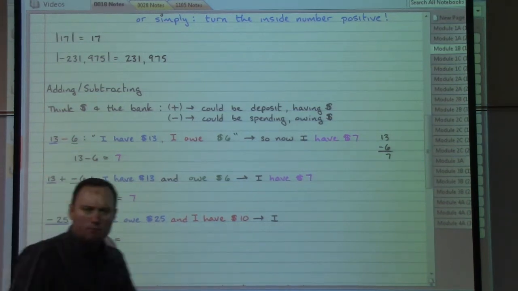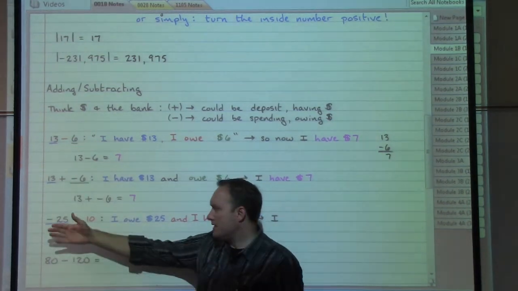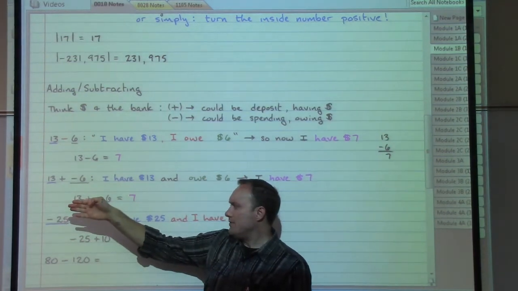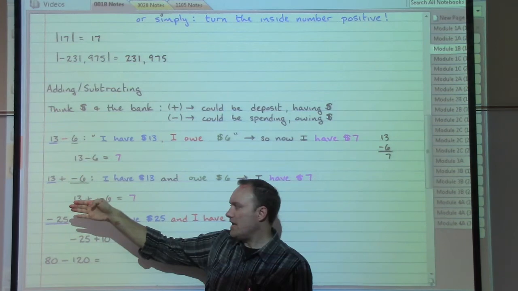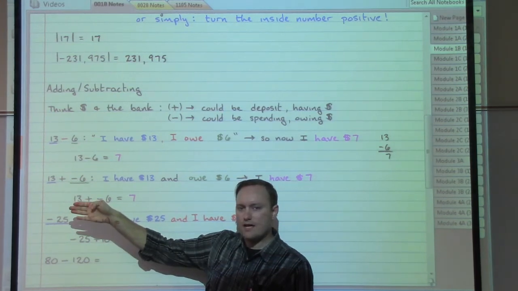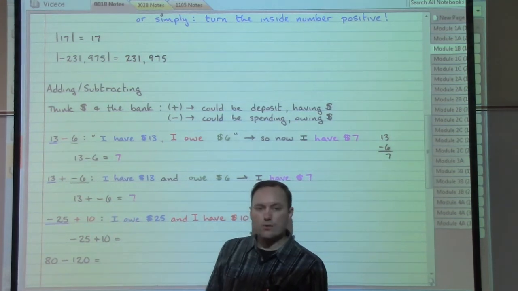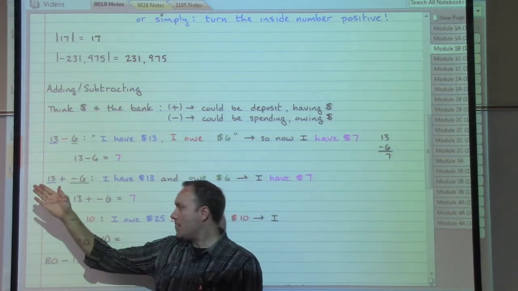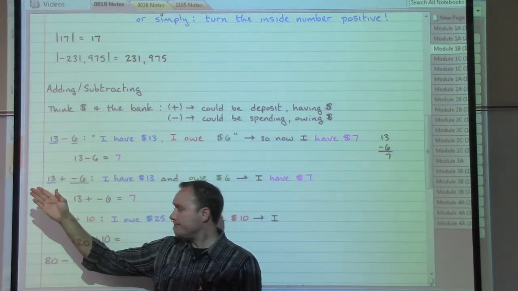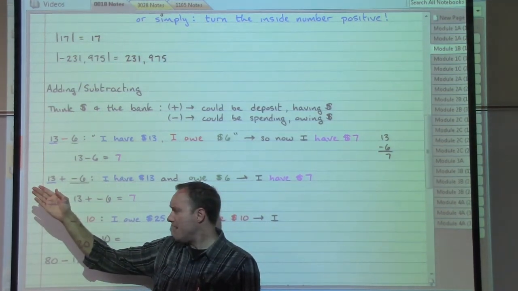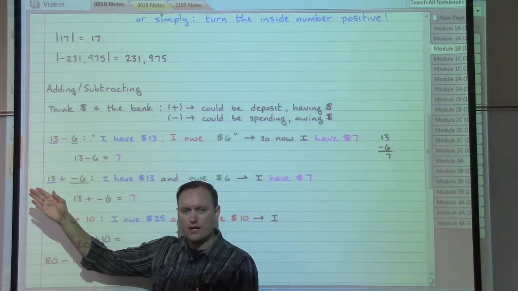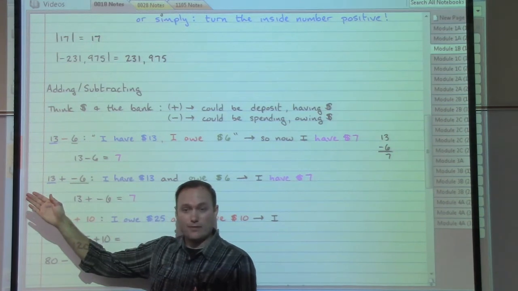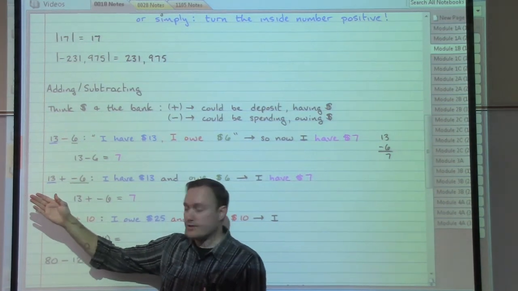The next example, also again, trying to keep things as simple and direct as possible. The very first number that I see is a -25. Negative number means I owe money, so I owe $25. I'm going to go ahead and uncover that, and what I see after the 25 there is a +10. I don't care so much about the plus as I care about the 10 literally being a positive number.